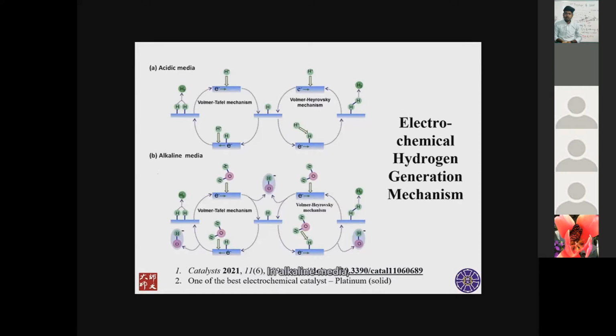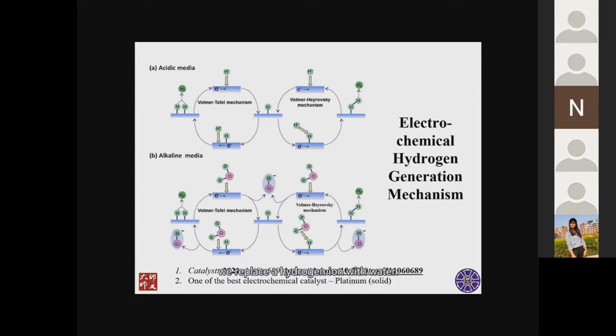In alkaline media, we replace the hydrogen ion with water. First, water receives an electron and becomes a hydrogen atom and hydroxide ion, where the hydrogen is fixed on the metal. We also have two reactions in the media.